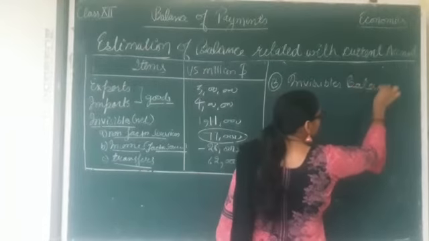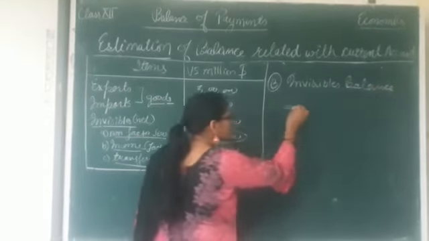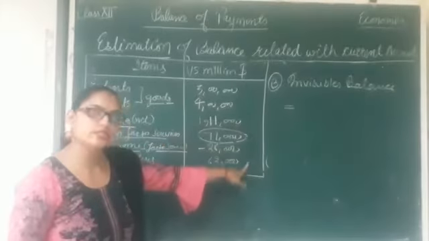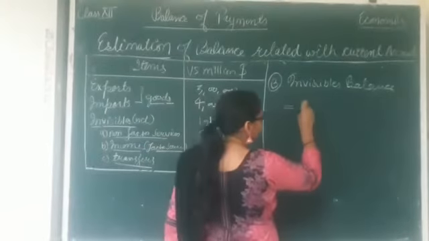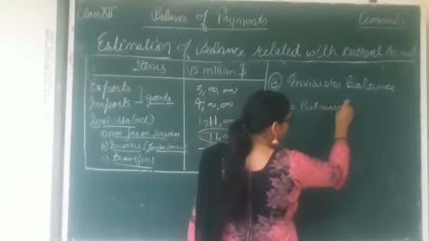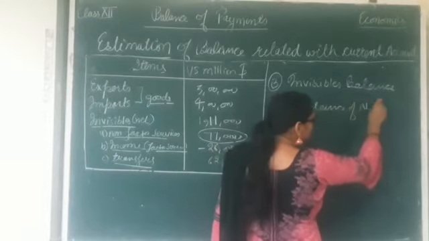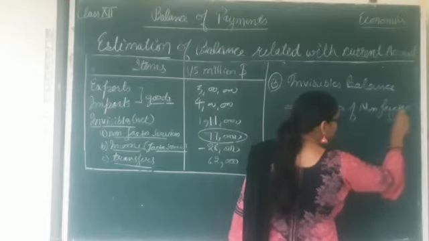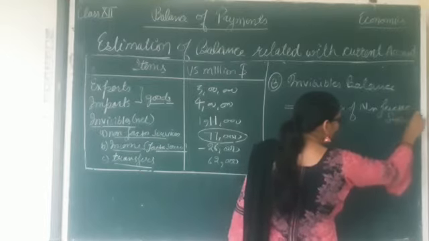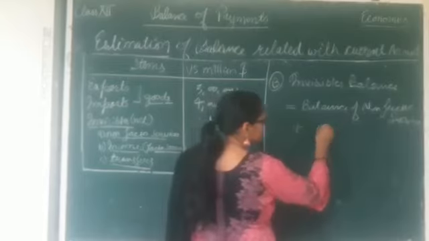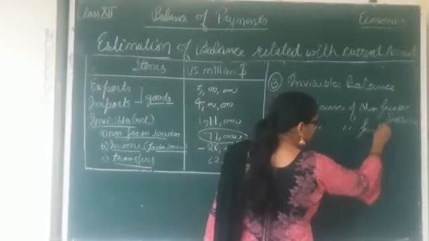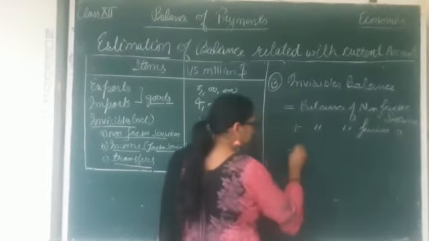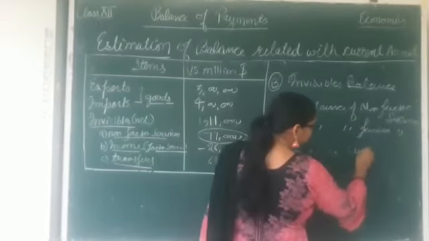Invisibles balance is equal to the sum of all these three: balance of non-factor services plus balance of factor services plus balance of current transfers.